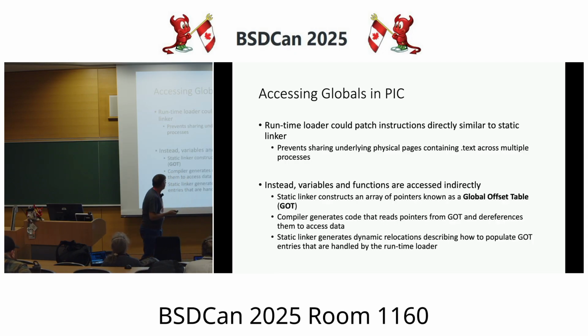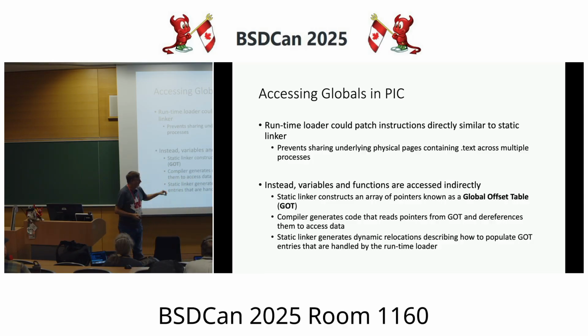So instead, one of the fun things in computer science is that you can solve many problems with indirection. We use that principle here. And instead, when we have a variable or a function that we're going to access from somebody else, we access it indirectly.